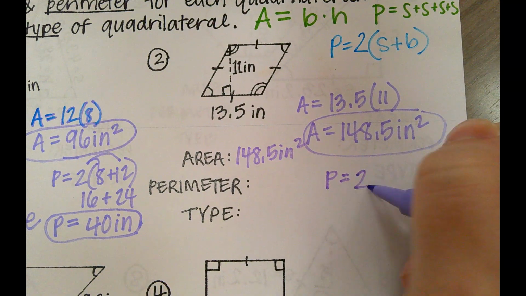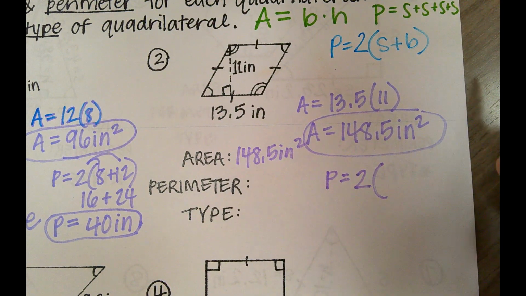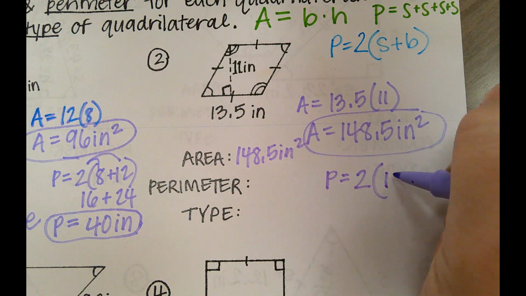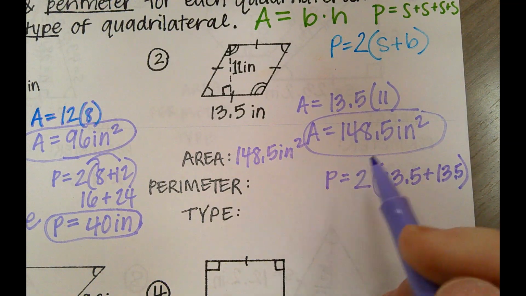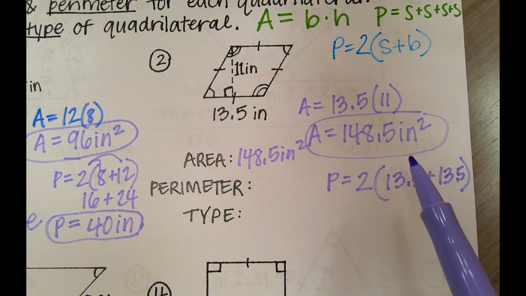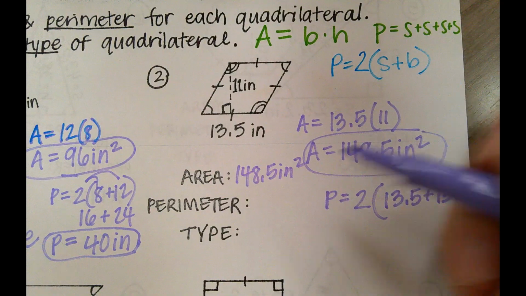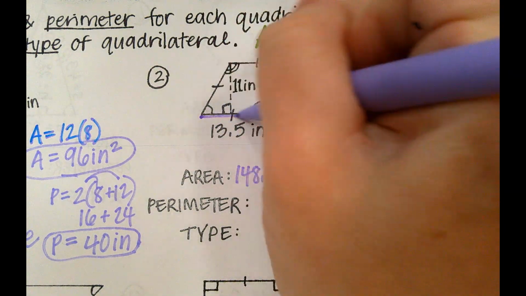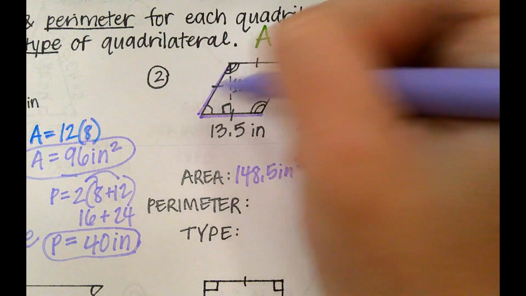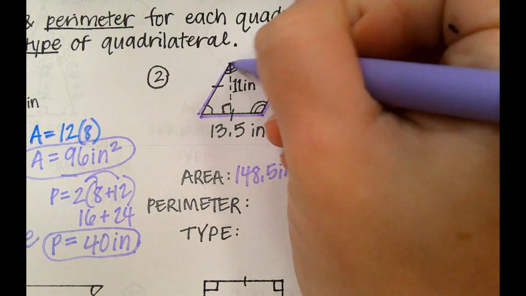And perimeter, this one might be a little trickier. 2 times, in parentheses, 13.5 plus 13.5, because all your sides are the same length, so your base and your sides. Good. Okay, so that was what I was worried about, making sure when we're using perimeter, we're only looking at the side lengths. We're looking at the outside. So you should not use 11.